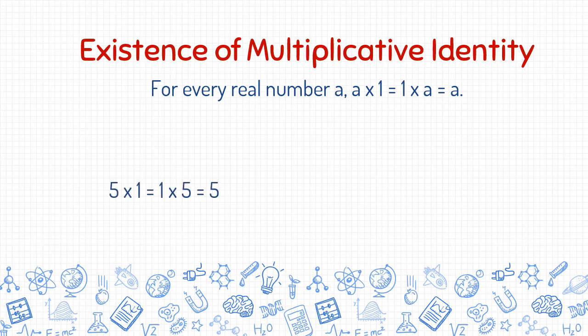For example, 5 times 1 is 5 and 1 times 5 is 5. So we get the number itself, which is 5. Next, 21 multiplied by 1 is equal to 1 times 21 is equal to 21. These are examples of existence of multiplicative identity.